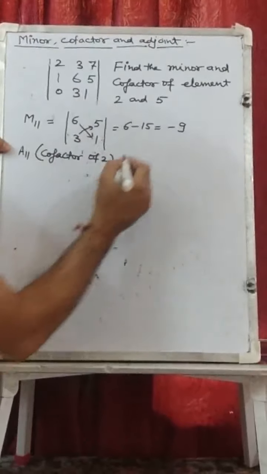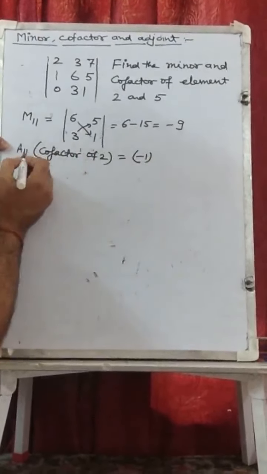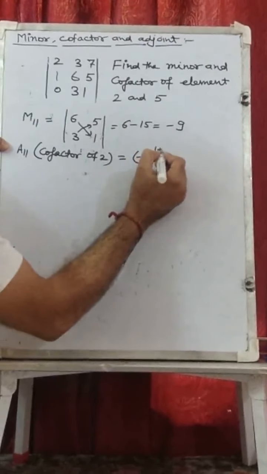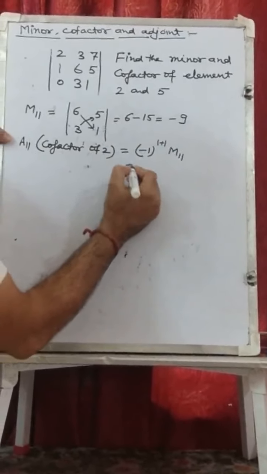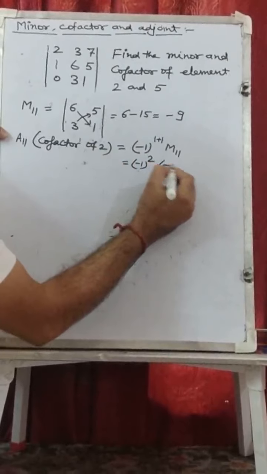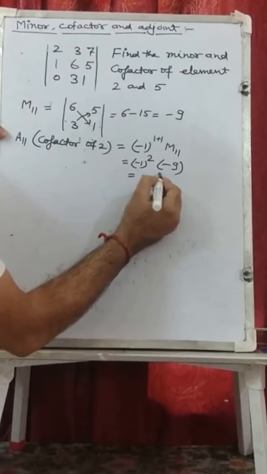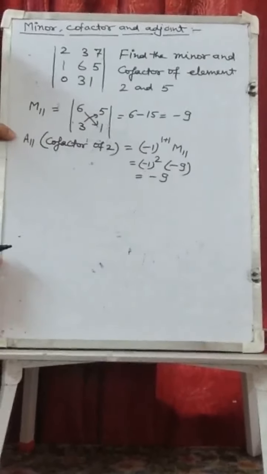So the cofactor of 2 will be minus 1 raised to the power, because i is 1 and j is also 1, so we write 1 plus 1, M11. So this is minus 1 raised to the power 2 times minus 9. This is positive 1, so minus 9 is the cofactor of 2.